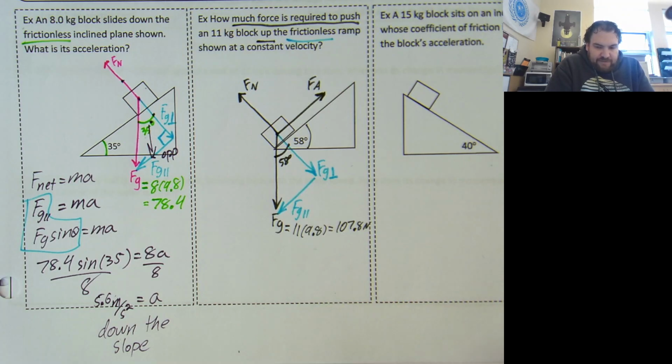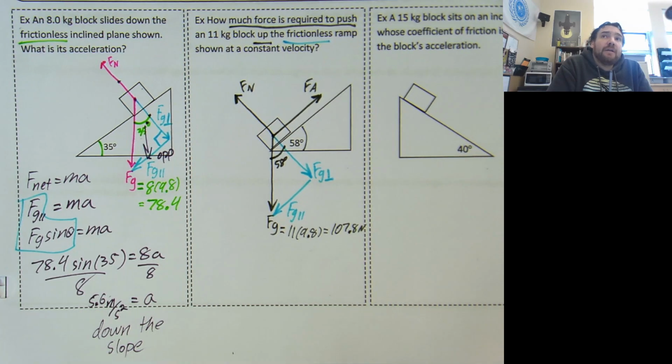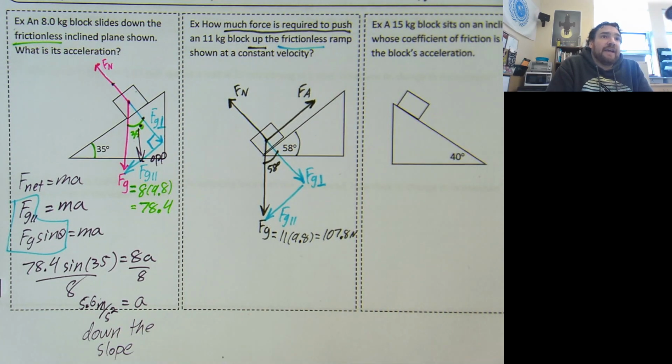And now, because this is a dynamics unit, we're going to look at F net equals ma, but I'm not going to write down F net equals ma yet because there's something significant in the problem that's going to save us some work. There's a significant piece of information that we haven't mentioned yet. What is significant about the way the question is worded?